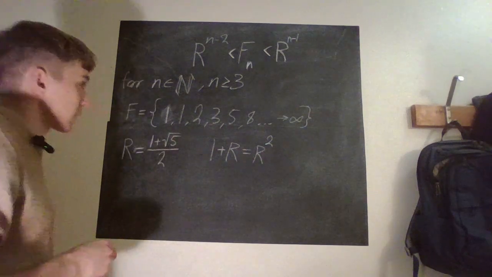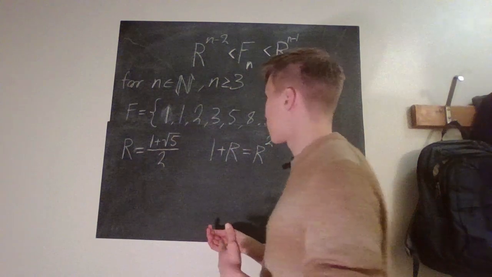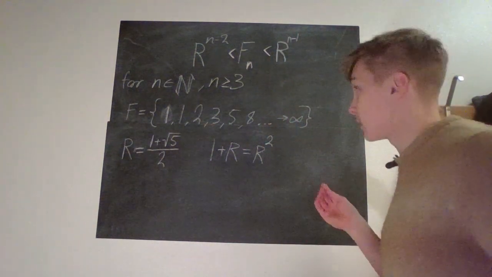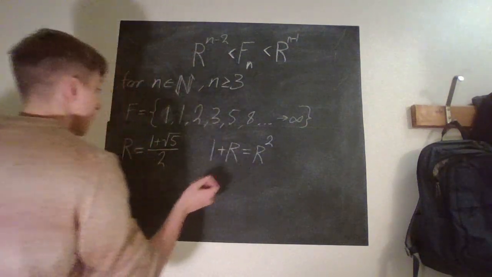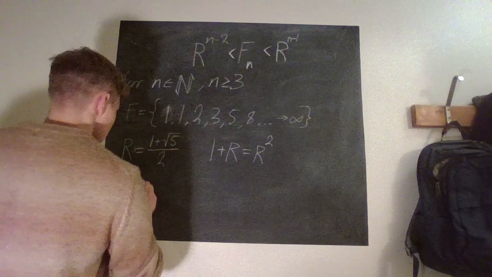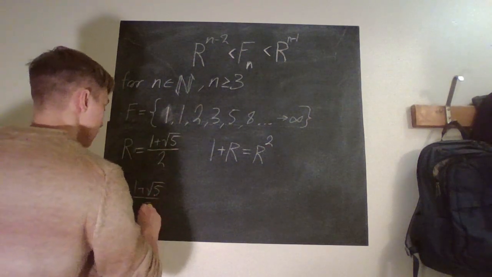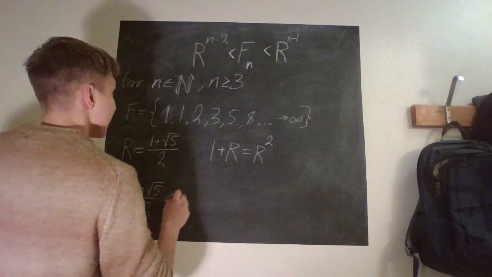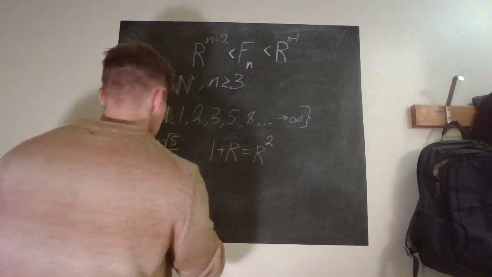So we're going to start by showing the first two cases, when n is 3 and when n is 4. When n is 3, what do we have? We have that r to the power of 1, which is just 1 plus the square root of 5 over 2, is less than f, the third Fibonacci number, which is 2.